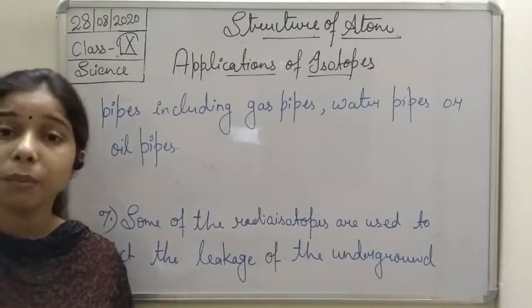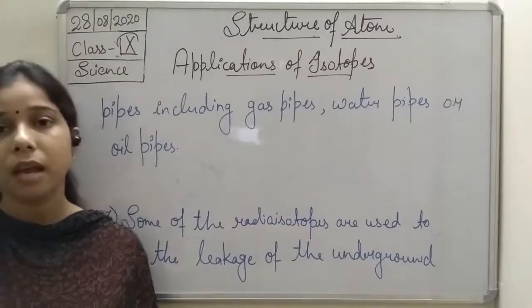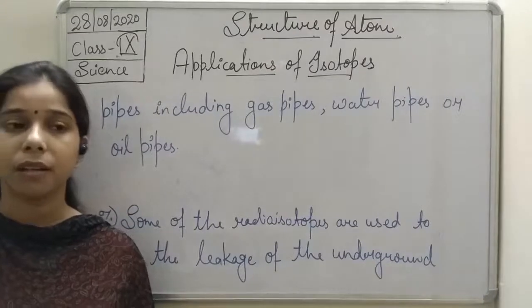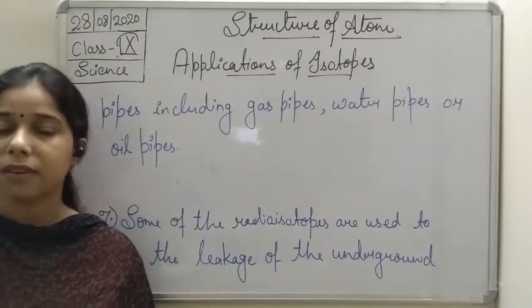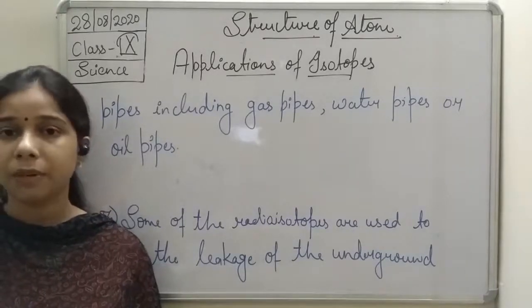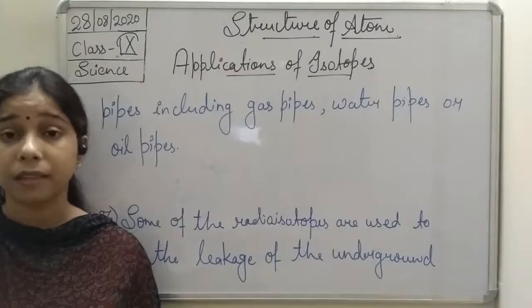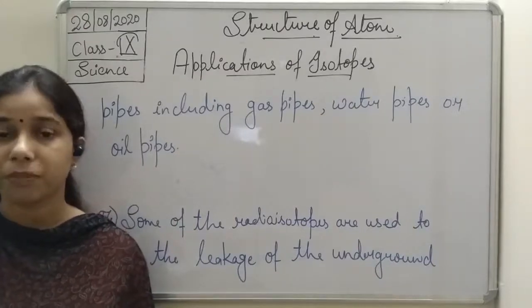Uranium-235, U-235, is used as a nuclear fuel in the nuclear power plant. It is a radioactive element which helps in releasing a lot of energy, in carrying out nuclear fission and fusion.